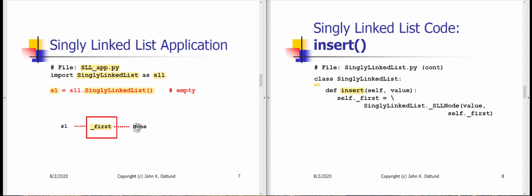Now, in this case, because the list is initially empty, when we insert our first value, that next item, this newly allocated node, is just going to refer to None. So notice that in order to insert a value into our list, that requires creating a new _SLL node, which is one of the members of the singly linked list class, with value as the first argument and the existing first node's reference as the reference to the remainder of the list.